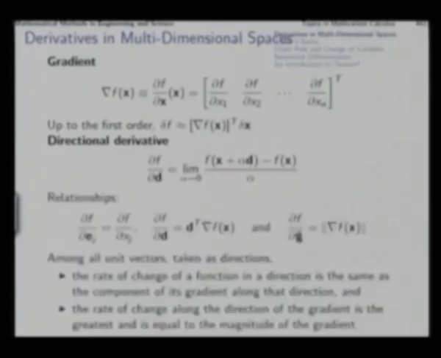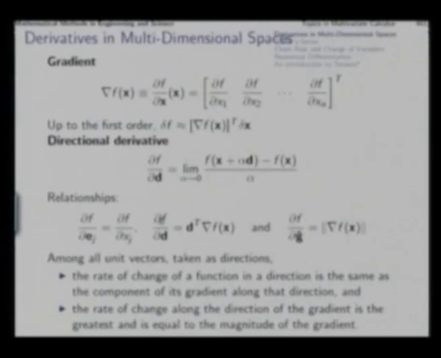In particular, you should sometime verify that these relationships always hold. That is, if we try to take the directional derivative of the function in a coordinate direction Ej, the jth coordinate direction, then that turns out to be the same as the ordinary partial derivative with respect to xj, that is the jth variable.